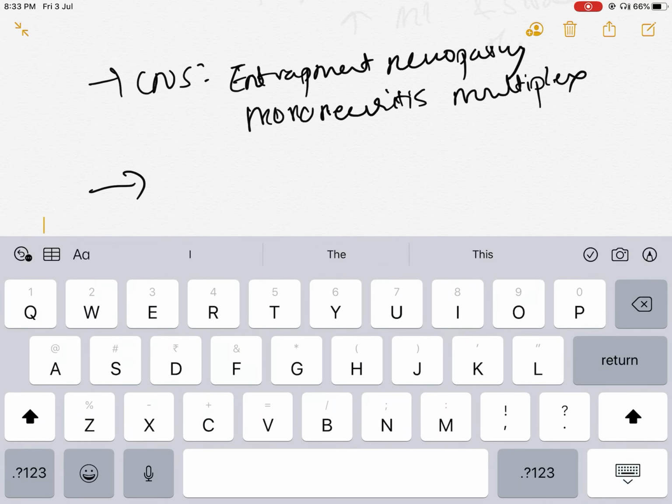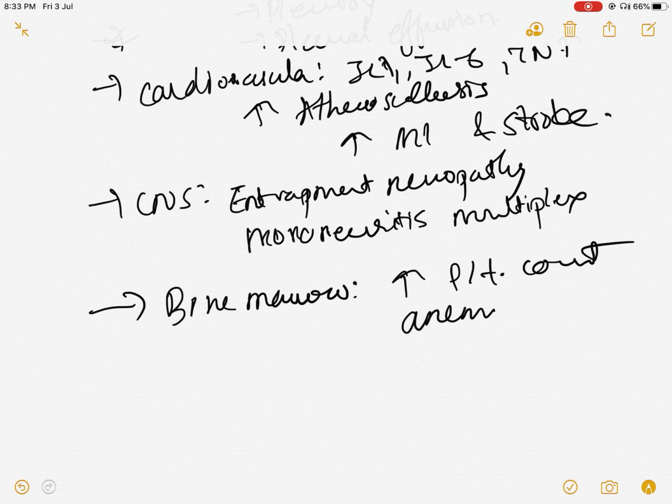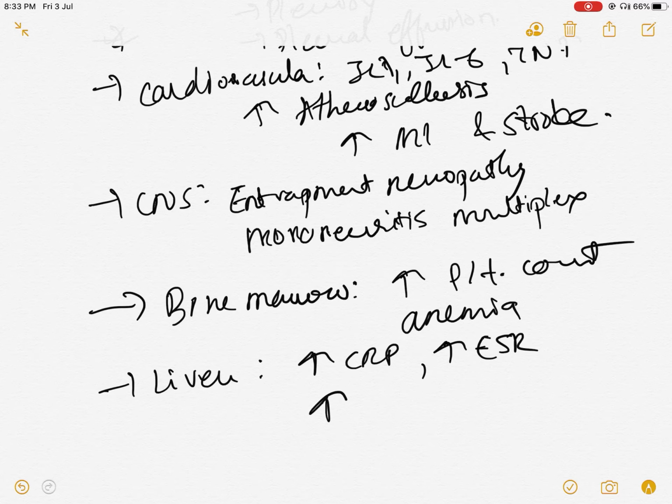The bone marrow shows increased platelet count and anemia. The liver produces increased CRP, increased ESR and increased hepcidin, resulting in decreased iron absorption, resulting in anemia of chronic disease.